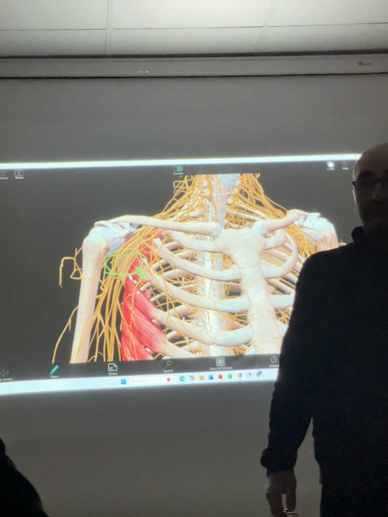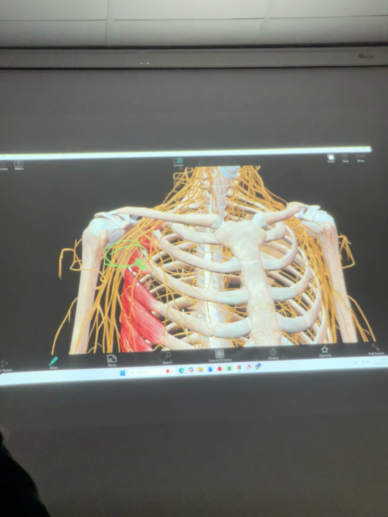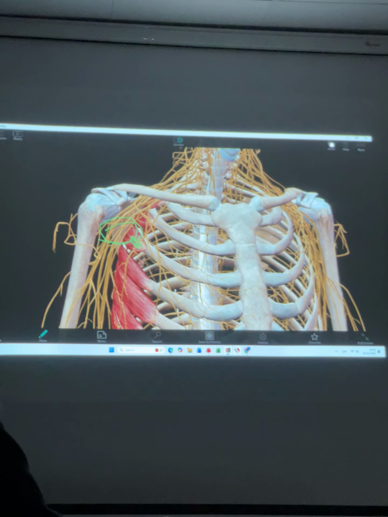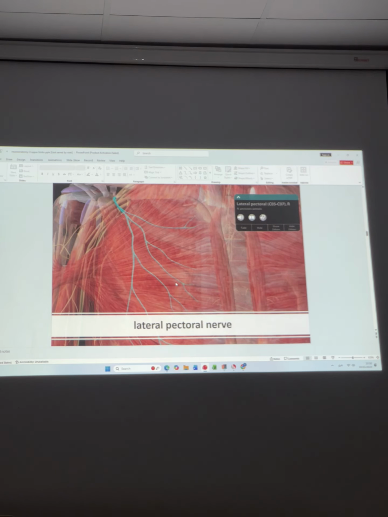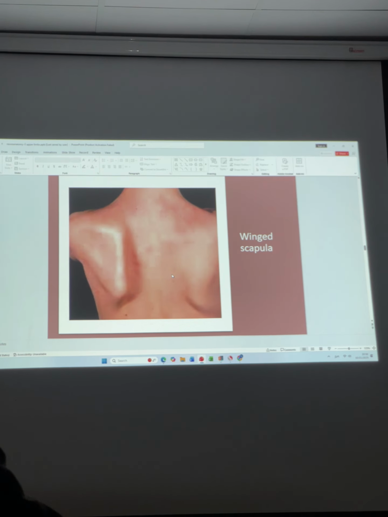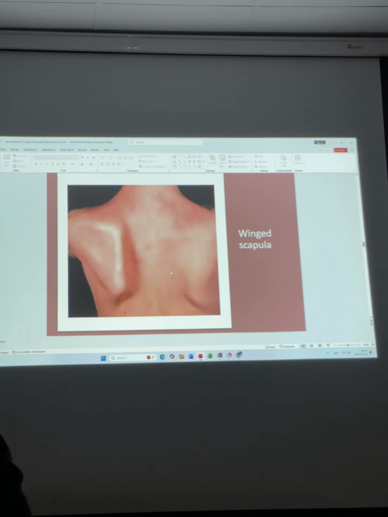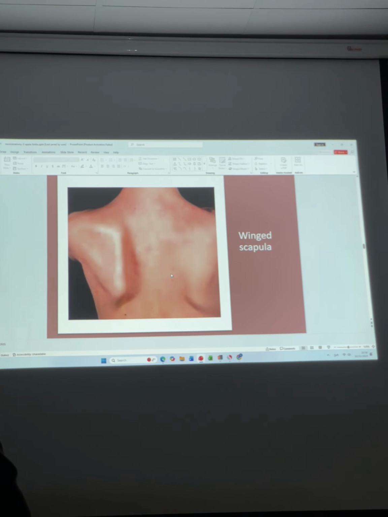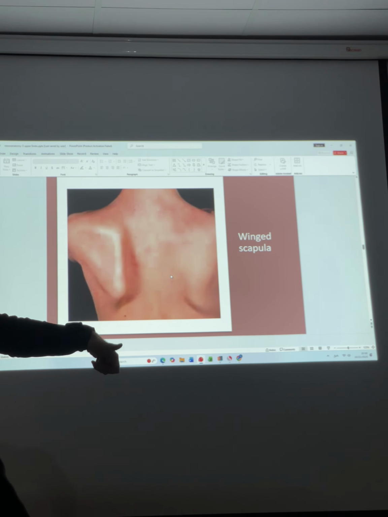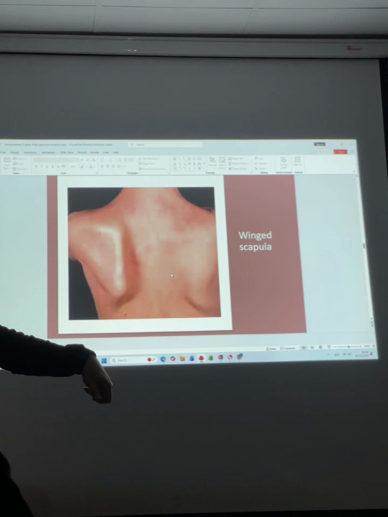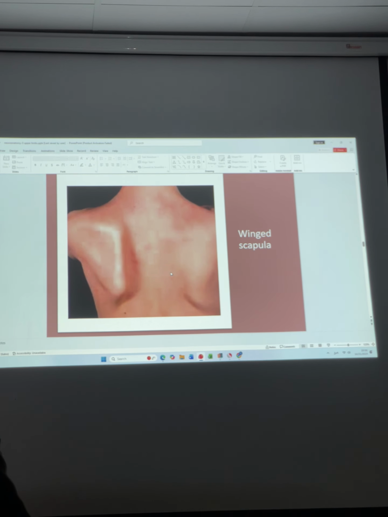Did you understand? So what do we call this case? Did you hear about this one? After a breast cancer operation, if the surgeon is careless and damages the long thoracic nerve, the serratus anterior won't work, and my scapula will go where?